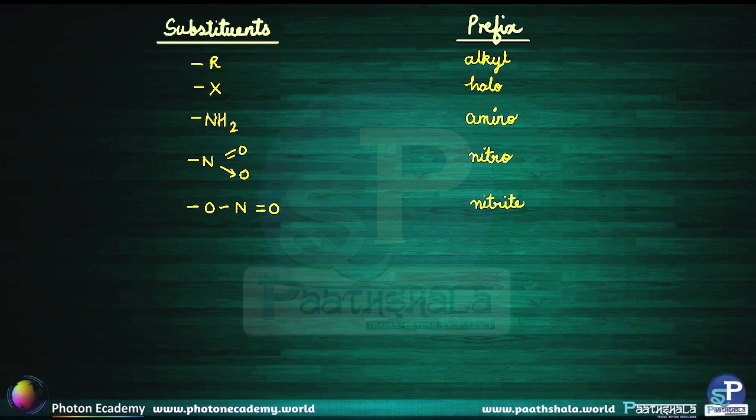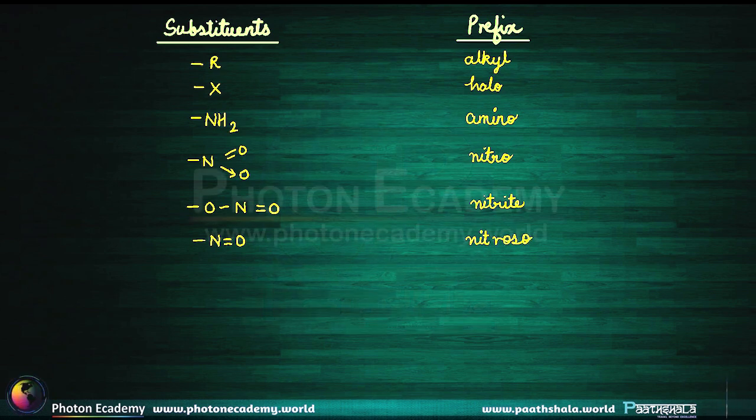Next, if we have N double bond O, then we call it nitroso. Next, if we have OCH2CH3, then we call this ethoxy.